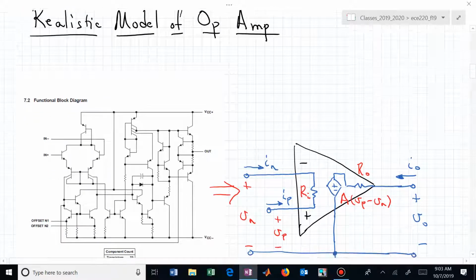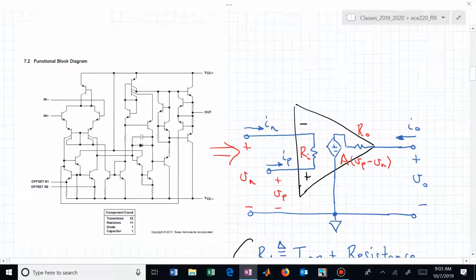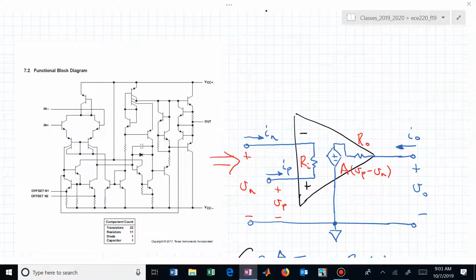Here's the realistic model. Again, this is a model of the op amp, and we're trying to minimize the analysis that we perform. You're familiar with some of the models: we've done Thevenin equivalence and Norton equivalence.